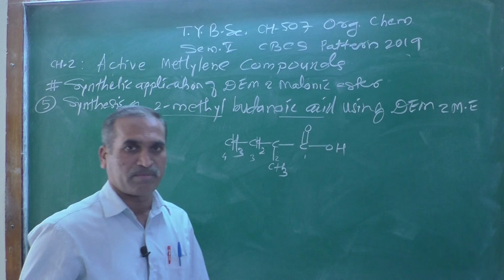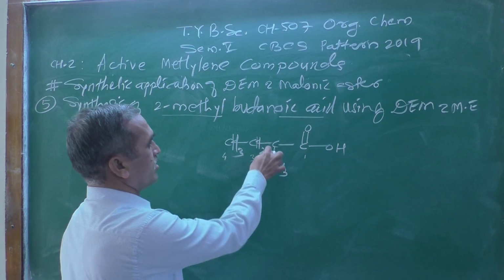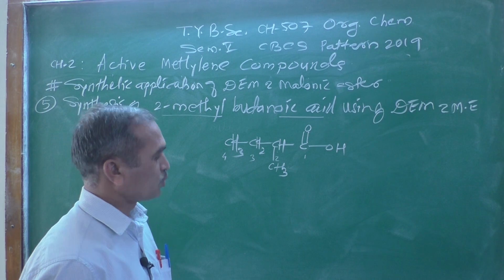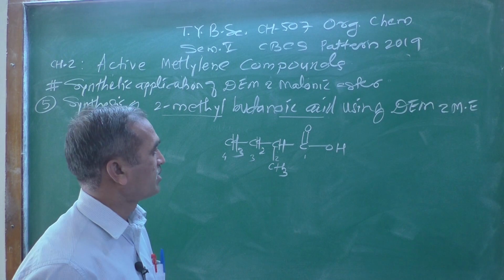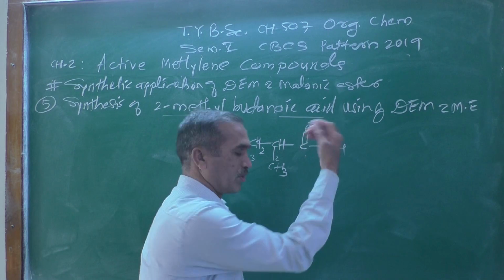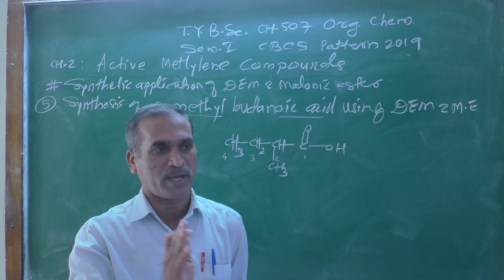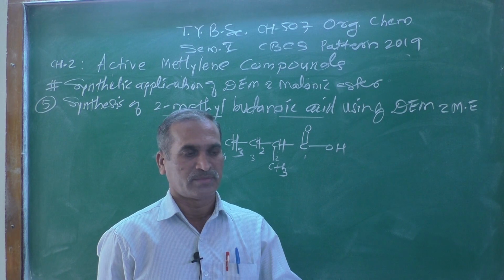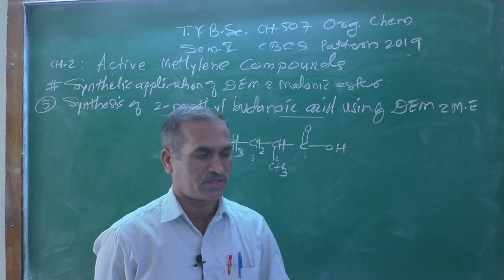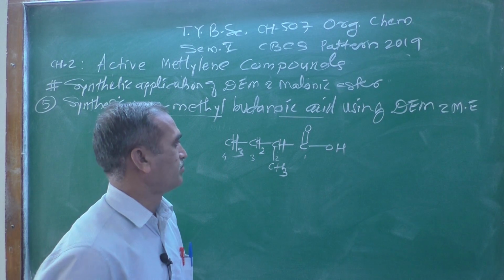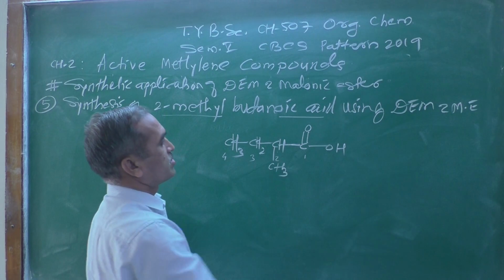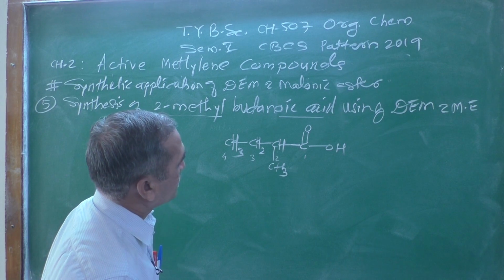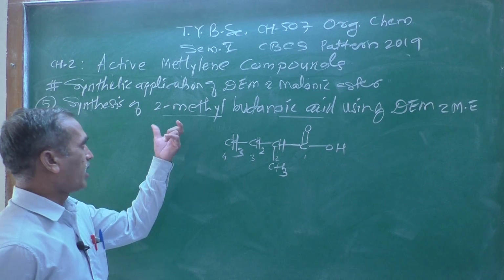This carbon atom has 3 bonds, so you can attach only 1 hydrogen atom, and its valency is satisfied. This one does not require any hydrogen atom. So this is the structure of the target molecule.